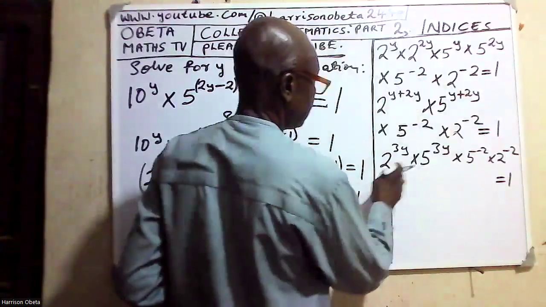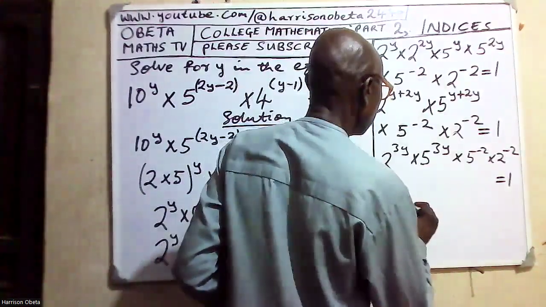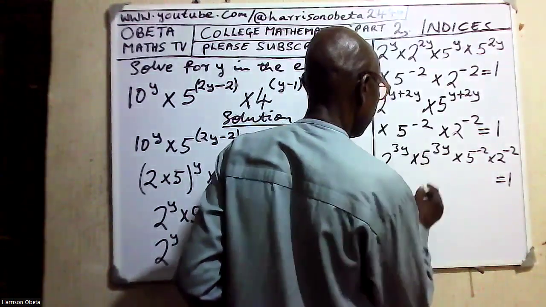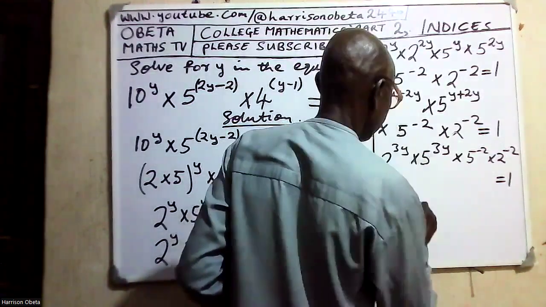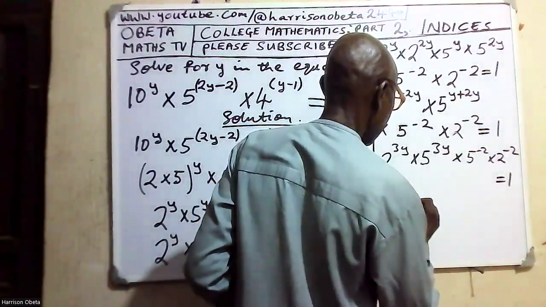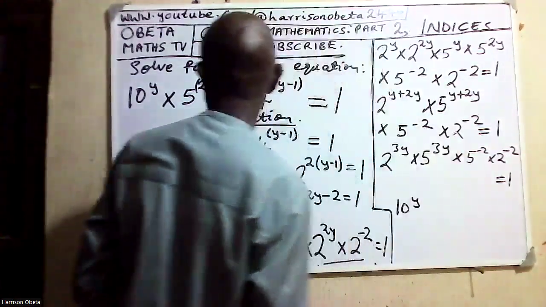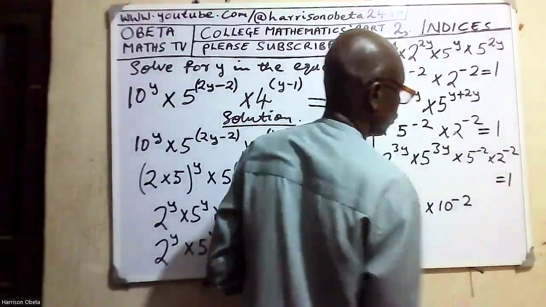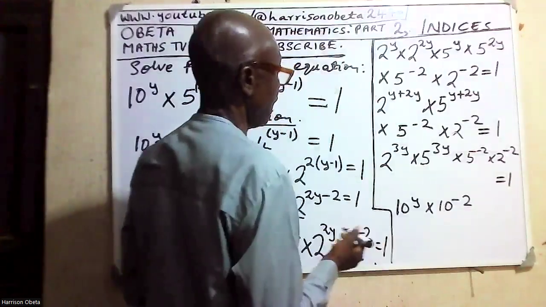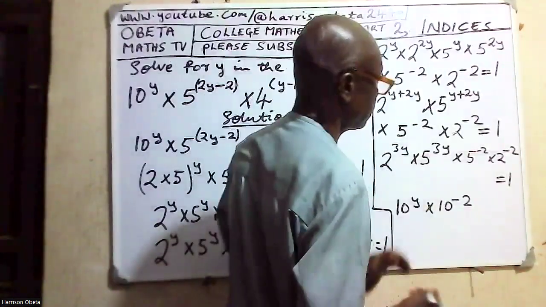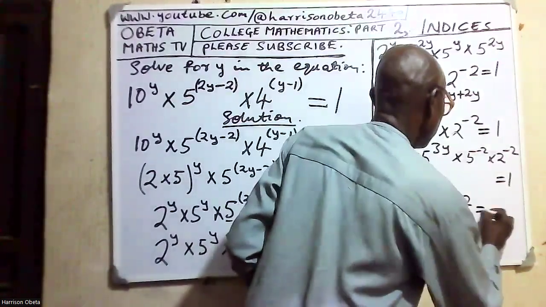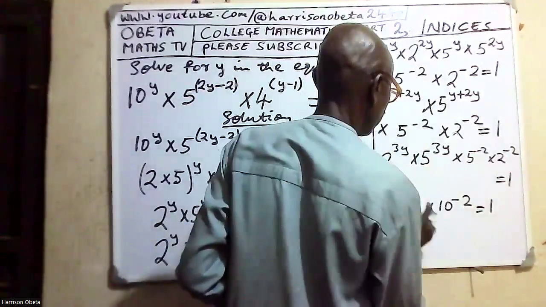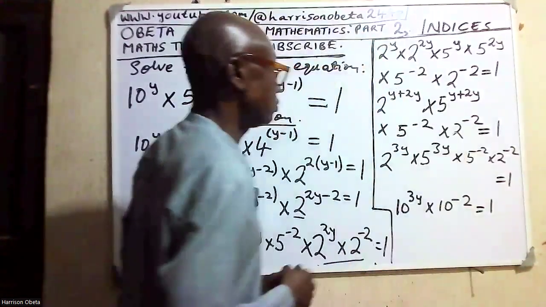The other one is 10 raised power minus 2, because it's the same thing as 2 times 5 raised to the same power. And that means this is equal to 1. This is 3y, sorry.